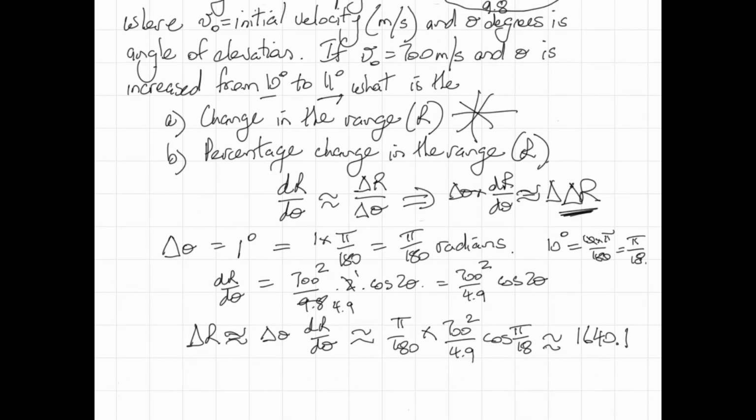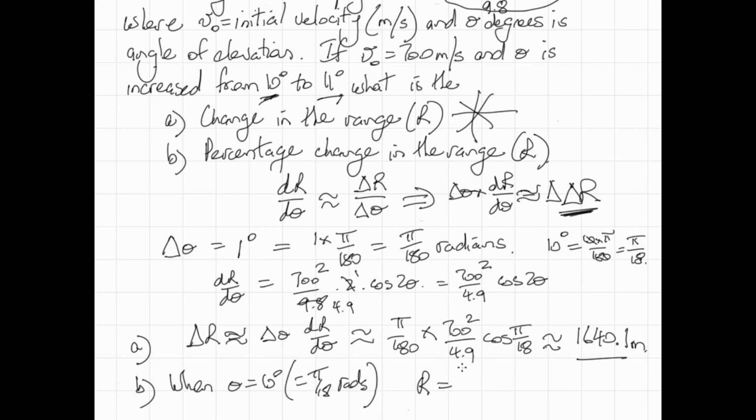Now to do part B, and that's meters obviously, we need to find out what the original range was at 10. So when theta equals 10 degrees, which is also equal to pi on 18 radians, the range is equal to, once again, 700 squared over 9.8 times the sine of 2 times pi on 18.